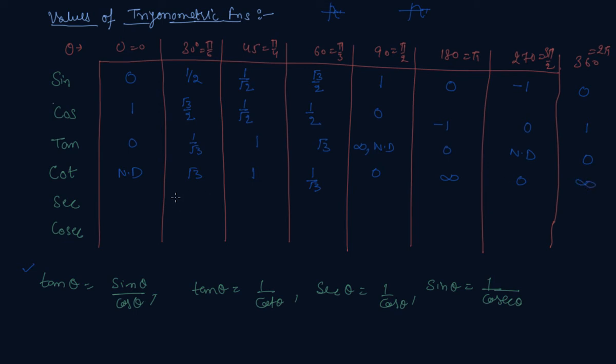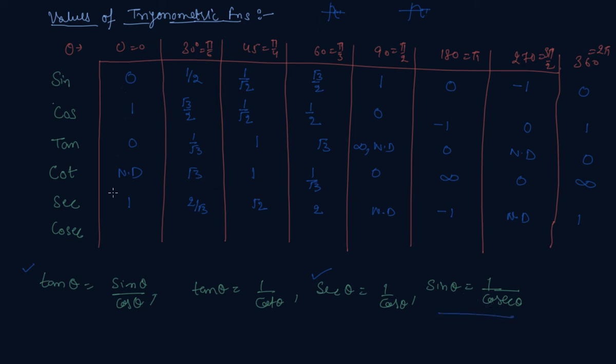Okay students, now comes the secant theta. Secant theta is the reciprocal of cos theta, so I can write 1 by 1 is 1, this will be 2 by root 3, this will be root 2, this will be 2, this will be not defined, this will be minus 1, this will be not defined again, now it will be 1. Okay, and the value of cosecant theta is the inverse of sin theta.